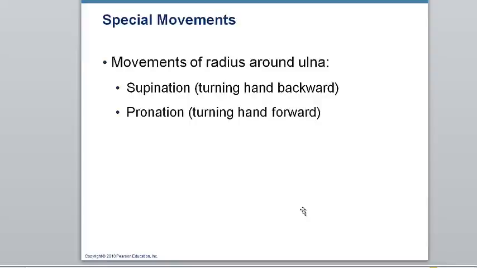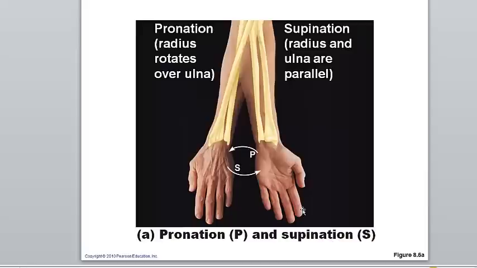Supination and pronation. This happens only in between your radius and ulna. Supination is in the anatomical position of your body. So that'll be palms facing forward, that's supination. But if you turn it backwards, dorsally, that over here is pronation. Because you can see how the radius crosses over the ulna, rotates over the ulna.